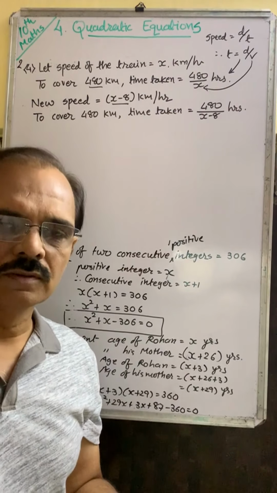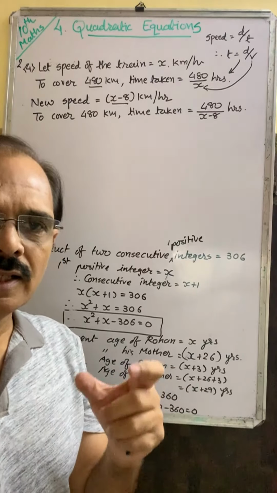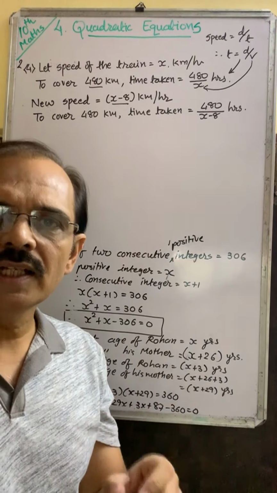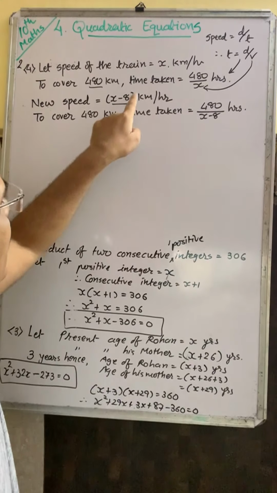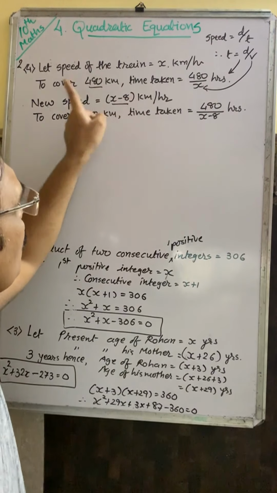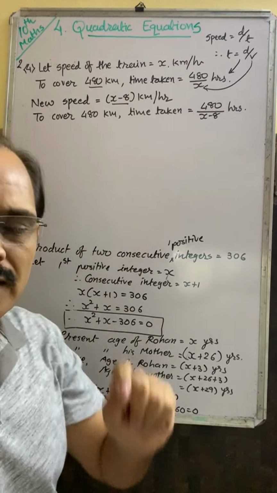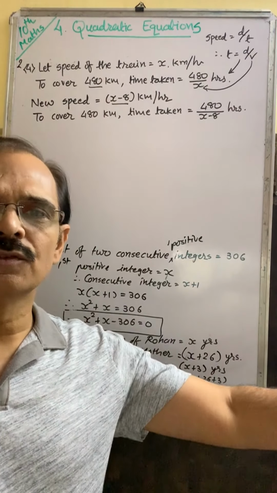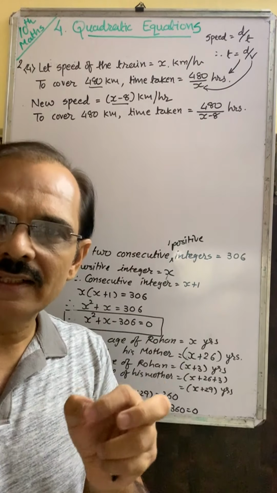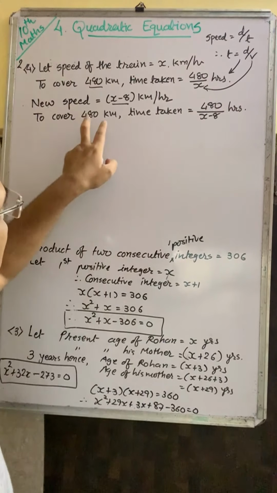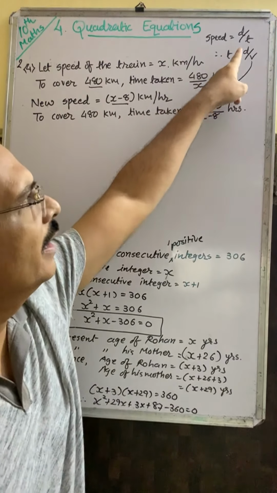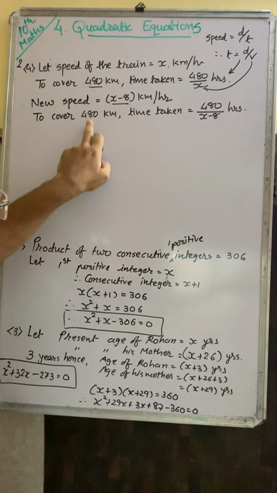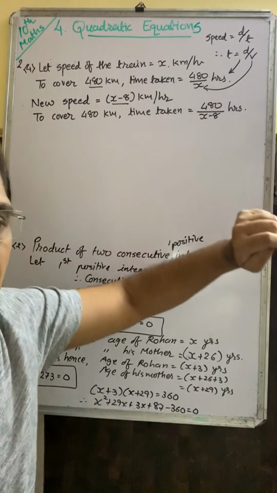Now if the speed of the train decreases by 8 km per hour, the new speed will be x minus 8, and the train covers the same distance of 480 km with this decreased speed. Again distance upon speed: 480 upon x minus 8.